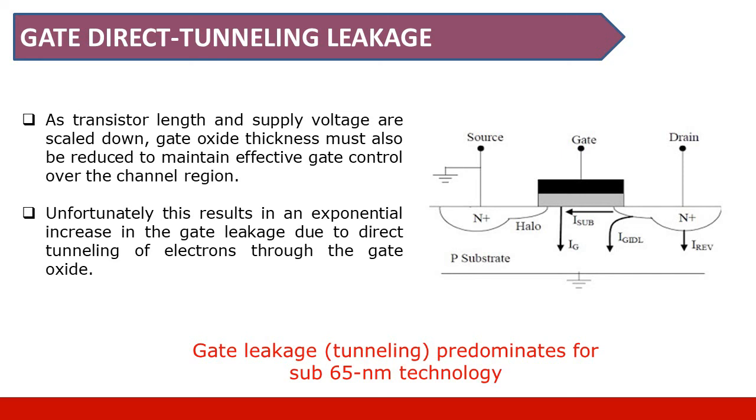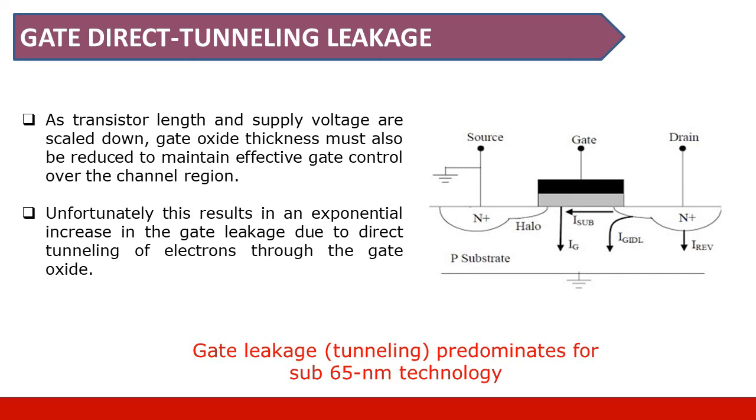And what happens due to this? This results in an exponential increase in the gate leakage due to direct tunneling through the gate oxide. When the gate oxide is very thin, due to the high electric field generated over here, the charge carriers will directly tunnel from the channel region towards the gate. That's why it is known as gate direct tunneling leakage. And why can they tunnel directly?